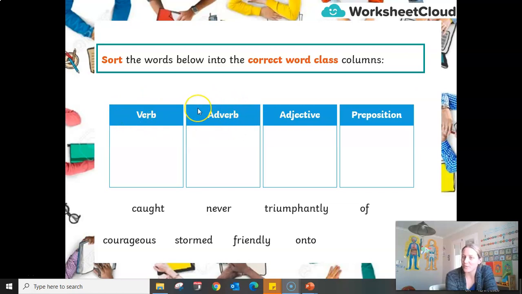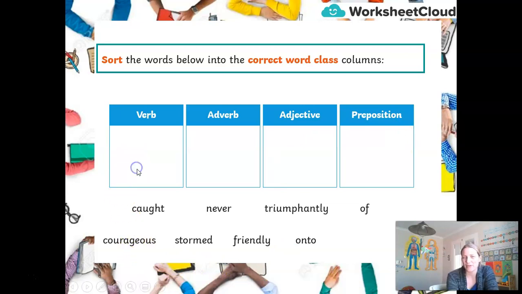An adverb describes or gives me more information about a verb, a noun, or a pronoun, or anything really. An adjective gives me more information, describes a noun, and a preposition tells me the position or where something is. Right, so there should be 2 words that go in each box. Can you sort them?